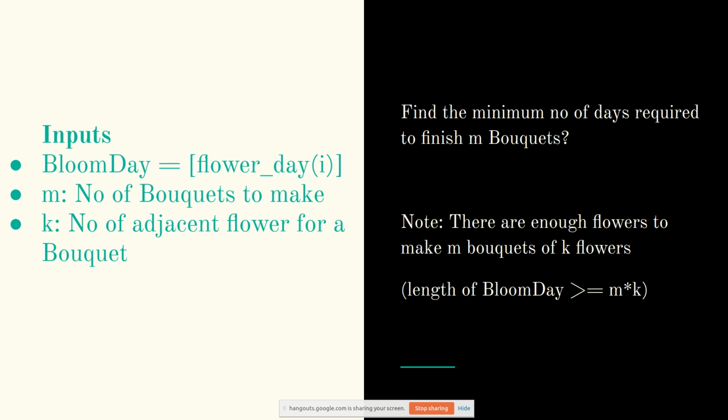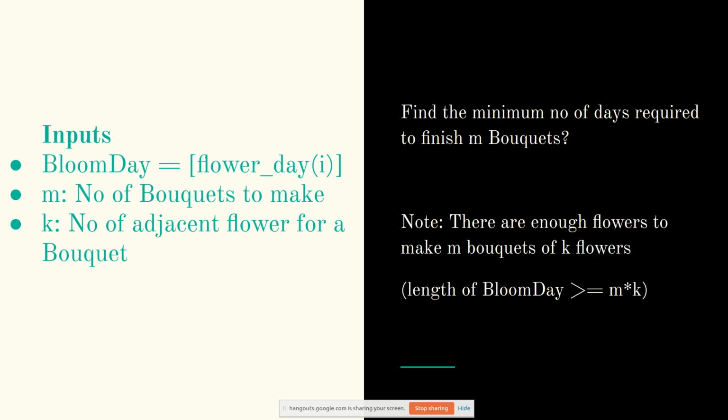So we have an assumption here for the problem that we have enough flowers to make all the bouquets of k size. So each bouquet has k flowers and we have m bouquets. So if the array length is smaller than m into k, then we can for sure say that the m bouquets cannot be finished.